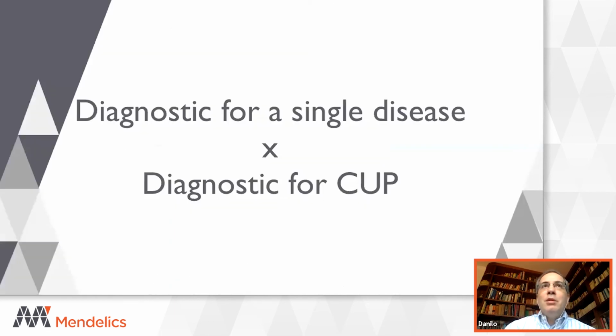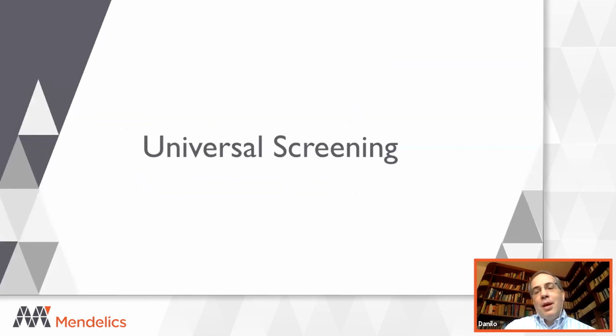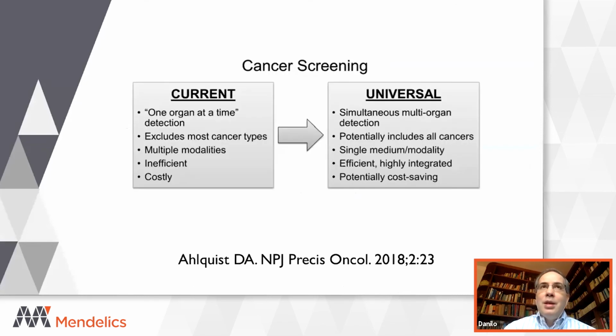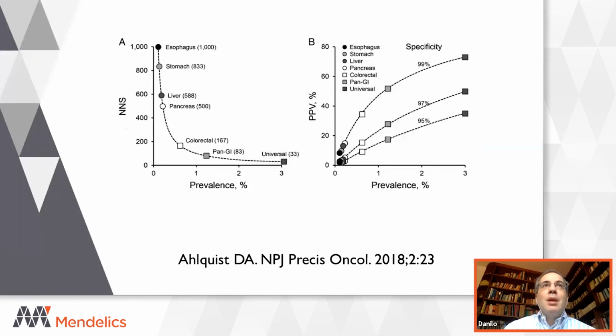And now if we can test a liquid biopsy for diagnostic purpose for a single disease or for CUP, then came the idea that we can also try to use it for universal screening. And NGS is a technology that is being tried to make screening tests for the population, for diagnosis of cancer.